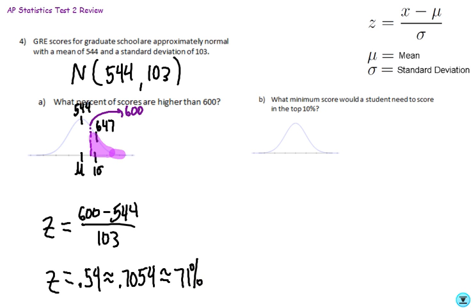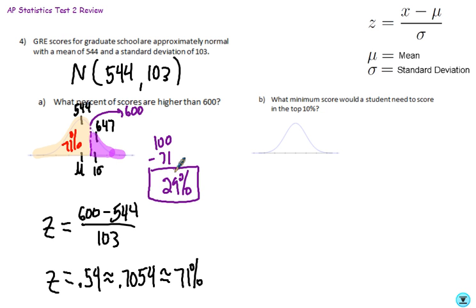Okay, so 71% of people got higher than 600? Well, that's not quite what that represents, right? Because the z-score gives us the area to the left. So 71% of people scored less than 600. If we wanted to know what percent of people scored greater than 600, it'd be the difference: 100 minus 71 gives us 29%.